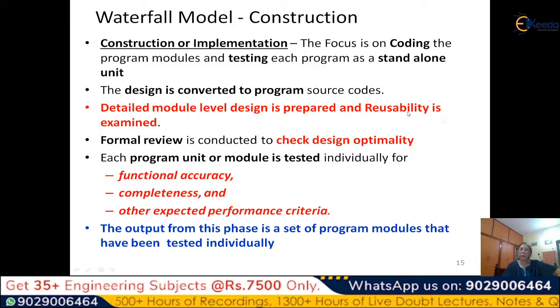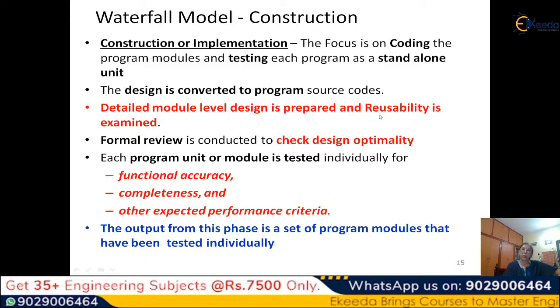We also have to think of reusability and create a module design, because in the software design phase, we have created only the architecture and a high level design. So before a software engineer starts to code, that person will have to make a detailed module design along with reusability. Reusability is important because then you can reduce the effort.